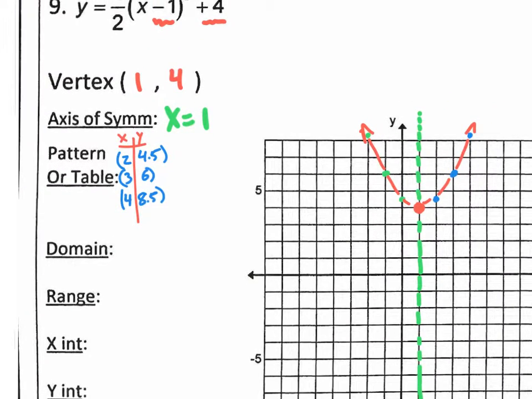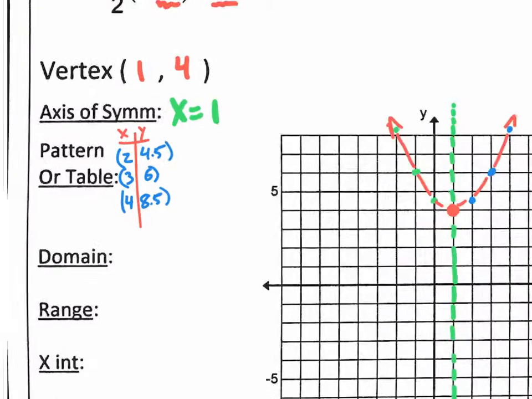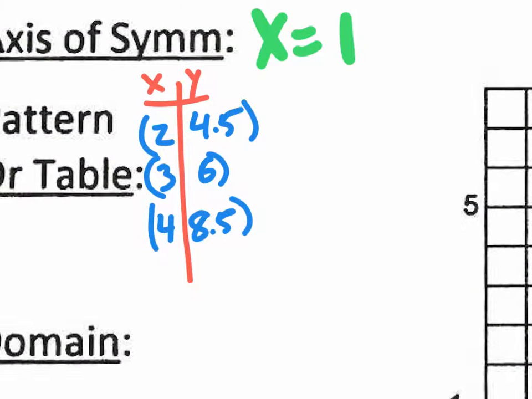You could use a pattern. So let me zoom in and show you the pattern. The pattern that we're used to is 1, 1, 2, 4, 3, 9. But that pattern is only for when your A value is 1. And our A value here is what? 1/2.